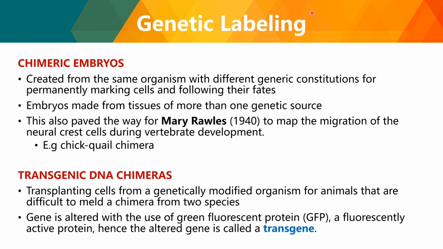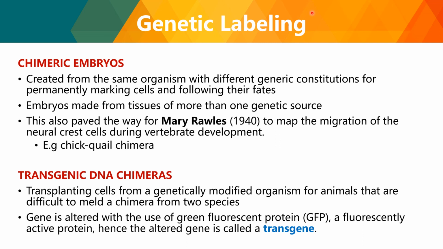So, here, I present to you genetic labeling, and one of the techniques that is used for the construction of these genetic labelings is the use of chimeric embryos. Okay? So, chimeric embryos are actually created from the same organism with different genetic constitutions for permanently marking cells and following their fates.